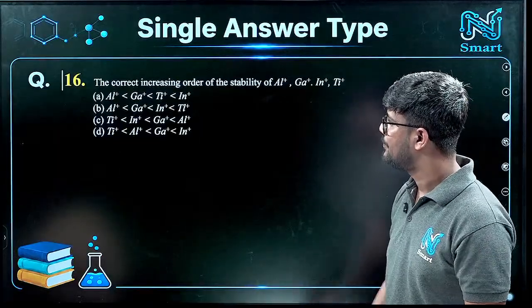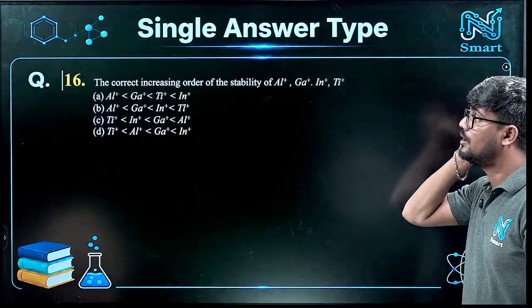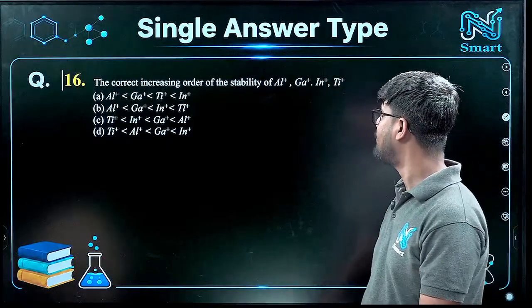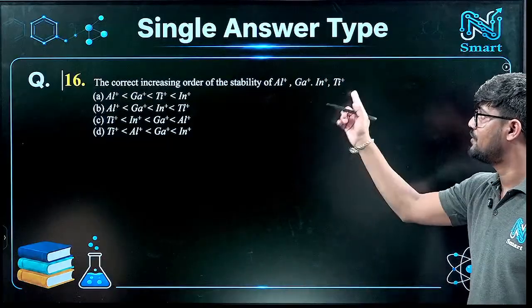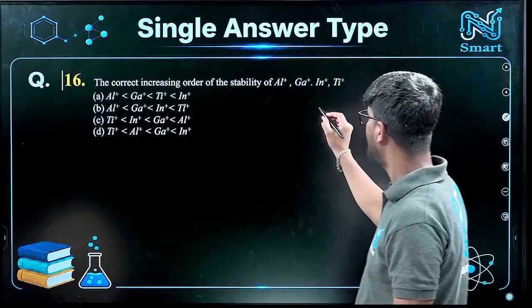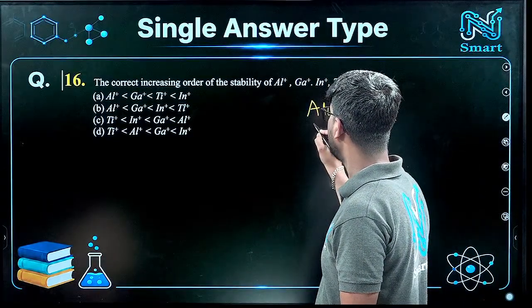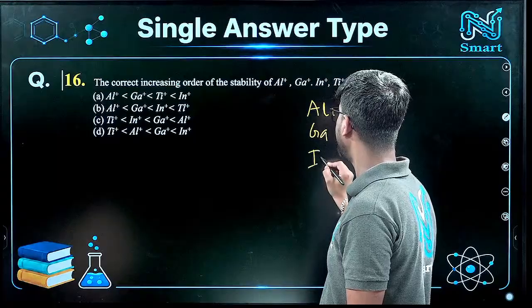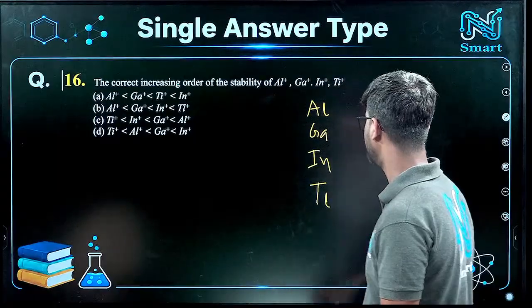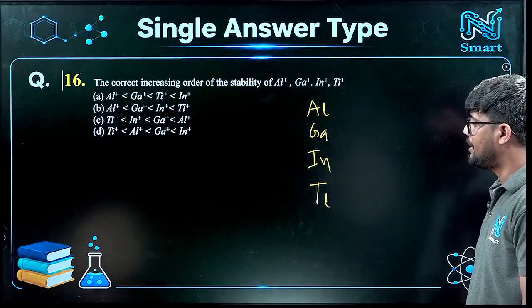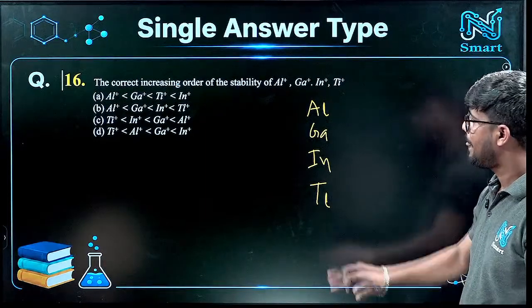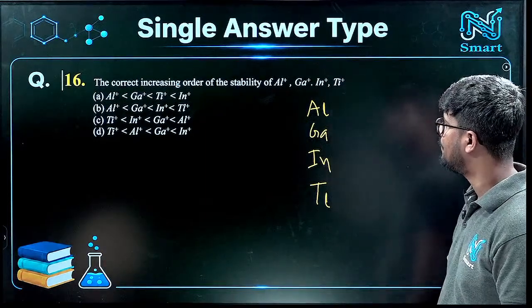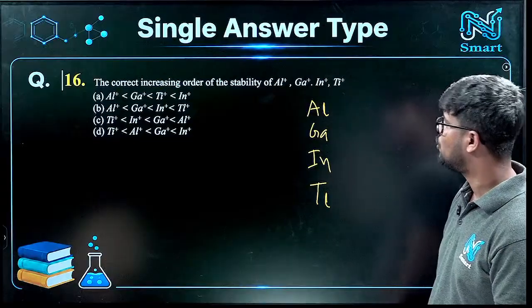Next, this one. The correct increasing order of the stability of +1 oxidation state of aluminium, gallium, indium, thallium, right? These are elements of the boron family, group 13.